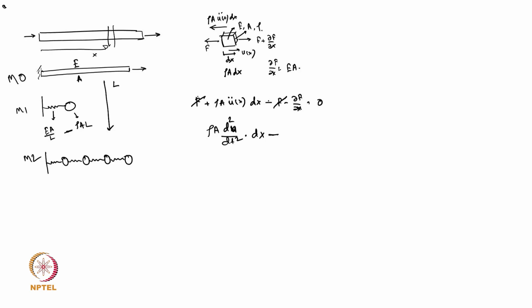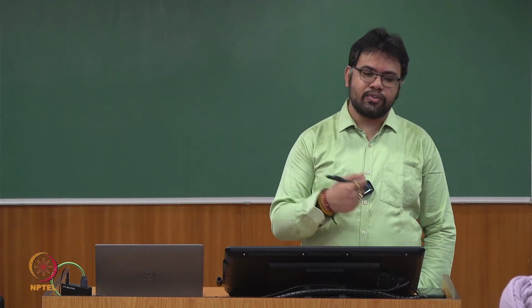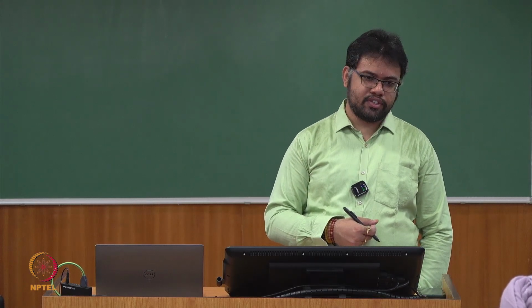How can we get that? The difference in the force we can get from the strain and how much displacement happened. From there we can get the strain, and from strain we can calculate the stresses and all those things.